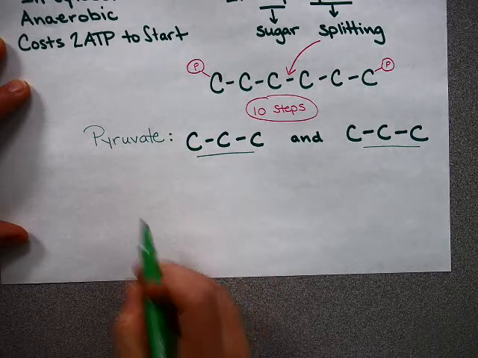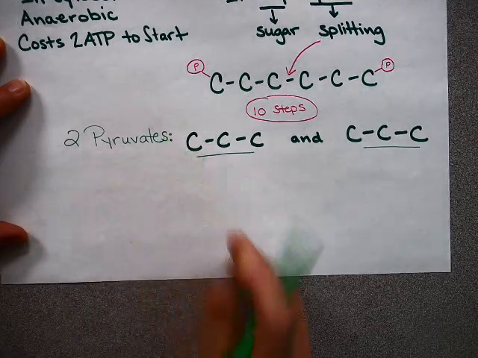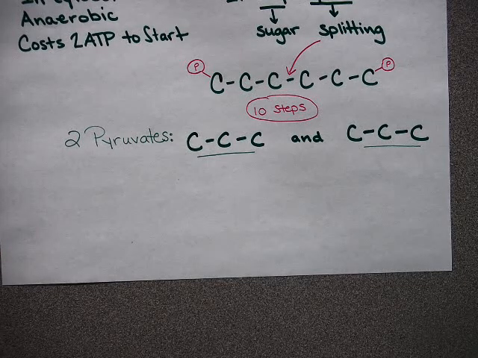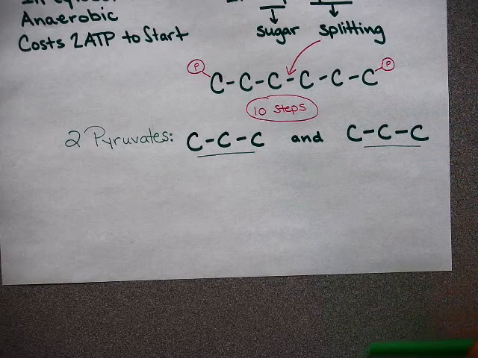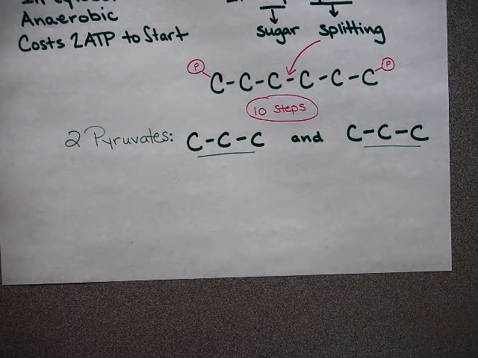And, well, 2 pyruvates. I'm giving you that name because that name is going to show up again later on in the chapter. And might even show up later on in the year. So that's one particular name I want you to know. Otherwise, all these in-between steps, don't worry about those.